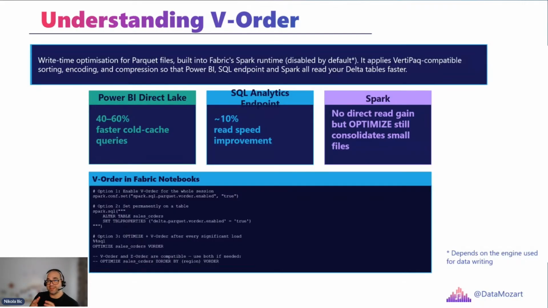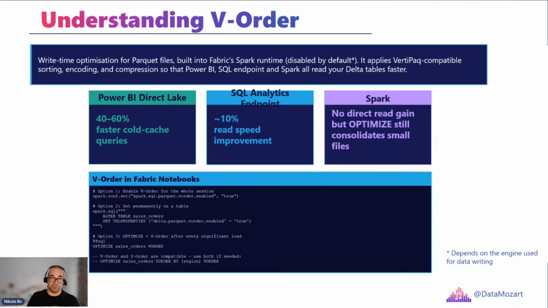But there are some enhancements. So they introduced so-called resource profiles, which you can use depending on the workload. If you change the resource profile from the default one, which is write heavy and which has V-order disabled, to read optimized, then it will automatically apply V-ordering.